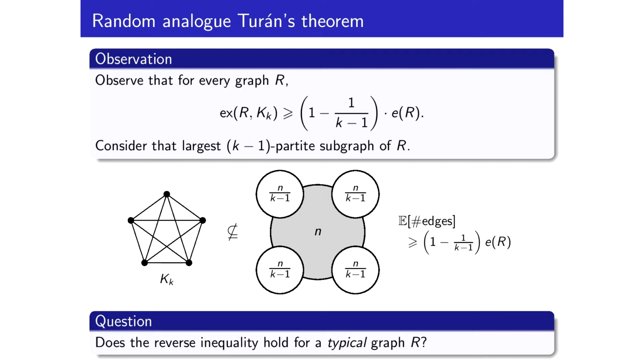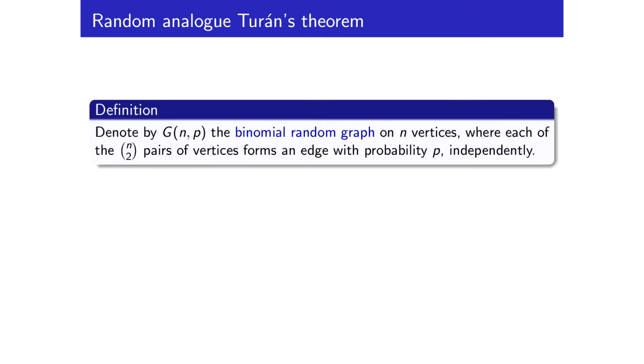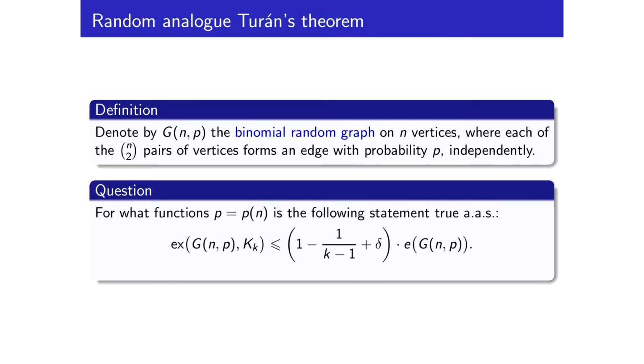So the question is whether typically this is best possible for other graphs. If we say typical, then we usually mean that we are talking about random graphs. So let G(n,p) be the standard random graph, where the probability of each edge is p independent of the others.